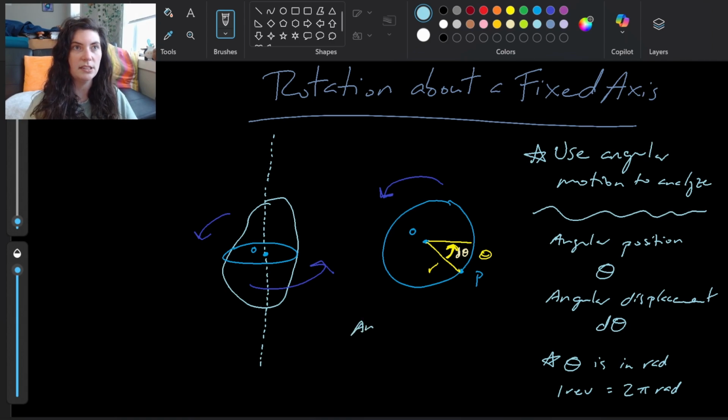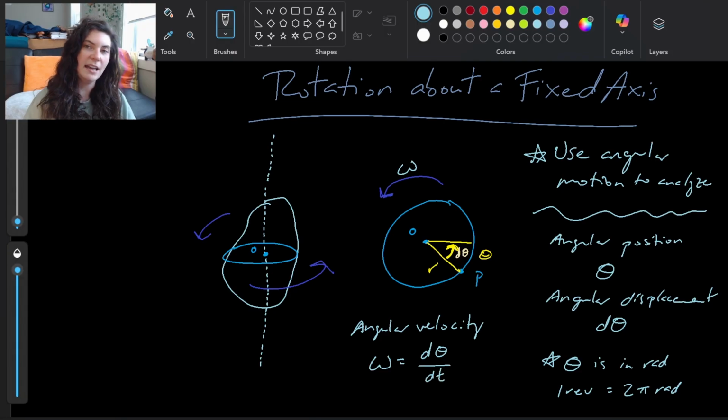Our angular velocity, the velocity of point P as it spins around the edge of the disk, is represented by the Greek letter omega, which looks like a fancy, extra curvy W. Just like we could take the derivative of linear position with respect to time, we can do the same for angular position: the derivative of angular position with respect to time gives me omega, my angular velocity.